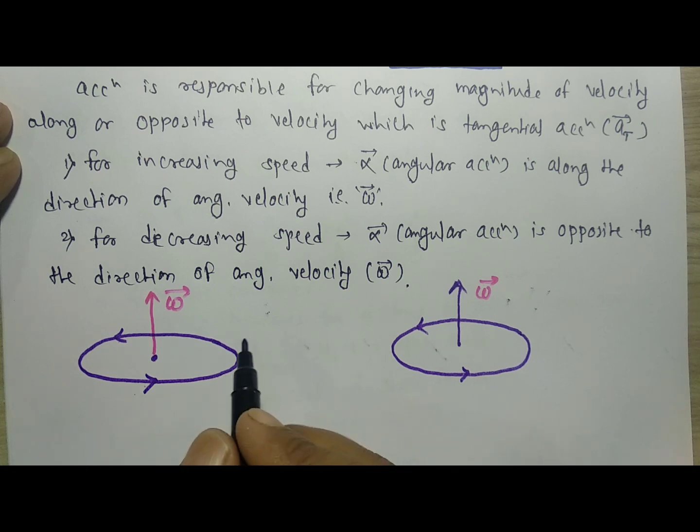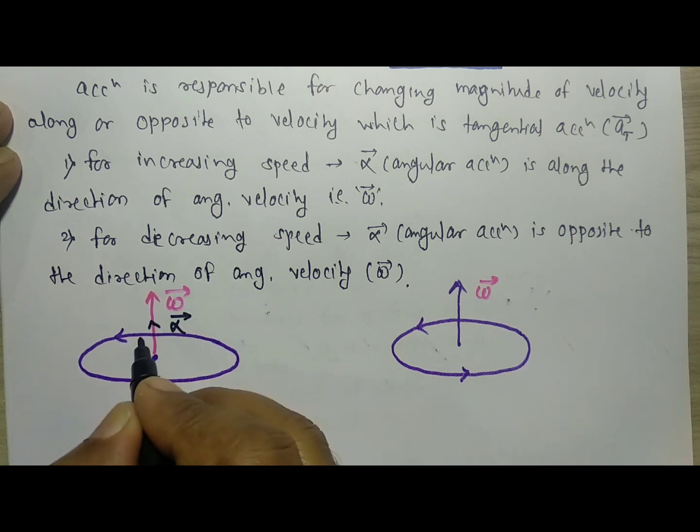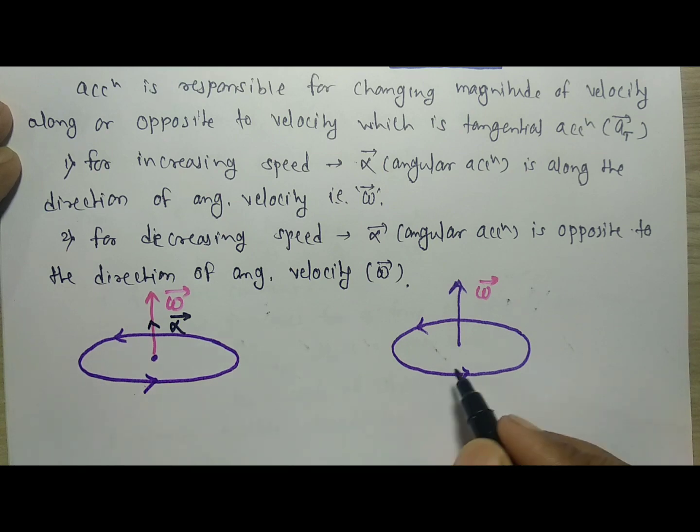For increasing speed, that means when we switch on the fan, at that time the speed of the fan increases, and you will get alpha along the angular velocity. But in the opposite condition, that means the fan is off, at that time the speed of the fan decreases, and alpha is opposite to the direction of angular velocity.